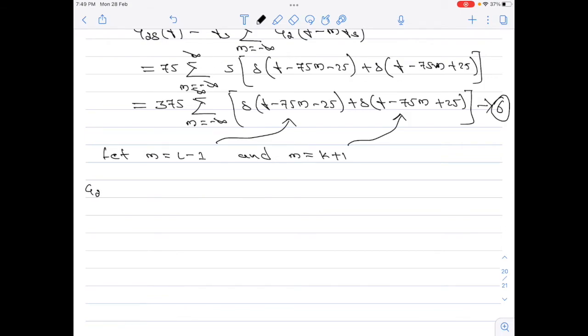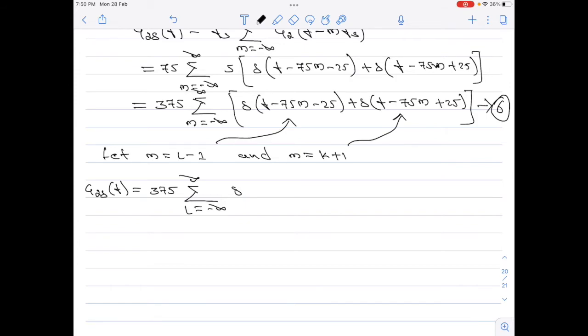So G2 delta of f is equal to, since we have to now change the variable, I'll split the summation as well. I'll take up the first term now, which is 375 into summation. There is a change in variable. Now the variable is L here. The previous limits of summation are minus infinity to plus infinity, so they will also remain the same.